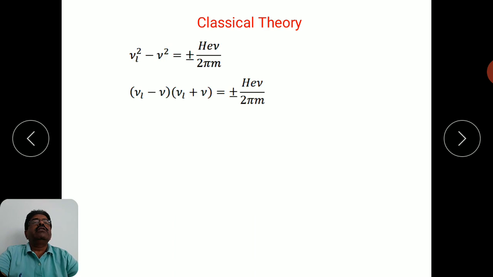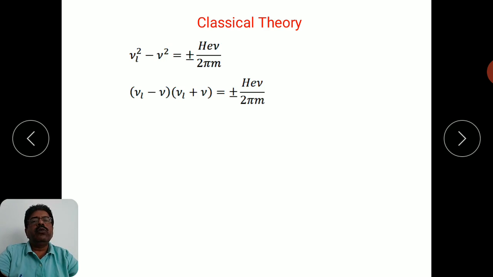So for nu L square minus nu square, you know that a square minus b square is a plus b into a minus b. So nu L minus nu into nu L plus nu is equal to plus or minus He nu upon 2 pi m.